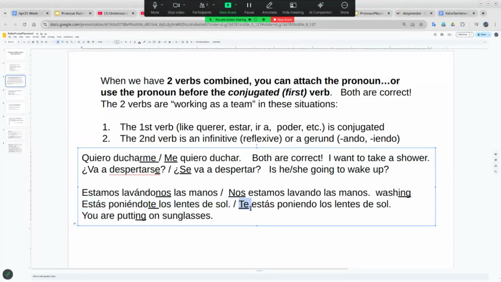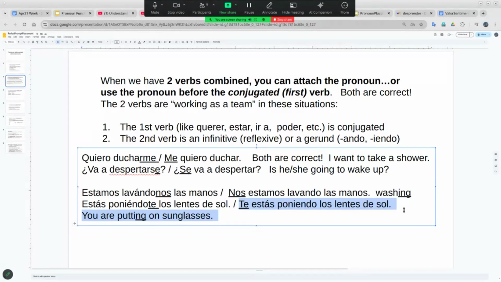But it's also correct to take the te in front of estás, which is the conjugated part. Te estás poniendo los lentes de sol. You're putting on sunglasses. So when I've got two verbs working together, you might hear the me, te, nos, or se in front of the conjugated verb or slapped onto the end of that second verb.